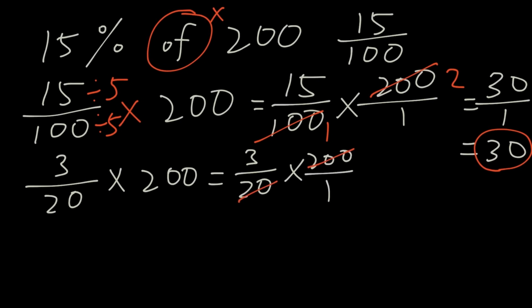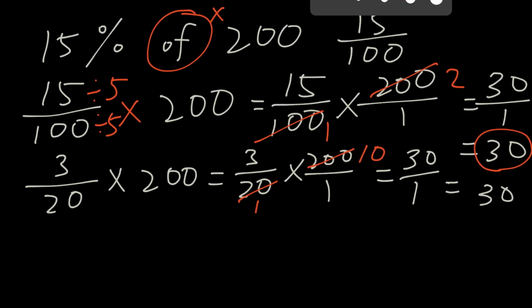Now here we can further simplify 1 and 10. And this will become 30 over 1, and the result is also 30. So that checks out.